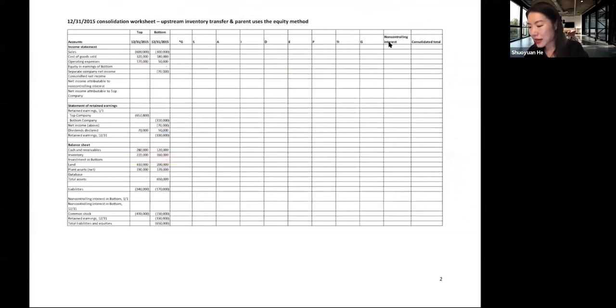Now let's look at the second one. So again, the first column here, we just copy it from what we got from class 8. So here we have equity in subsidiary earnings of 52.4 thousand.